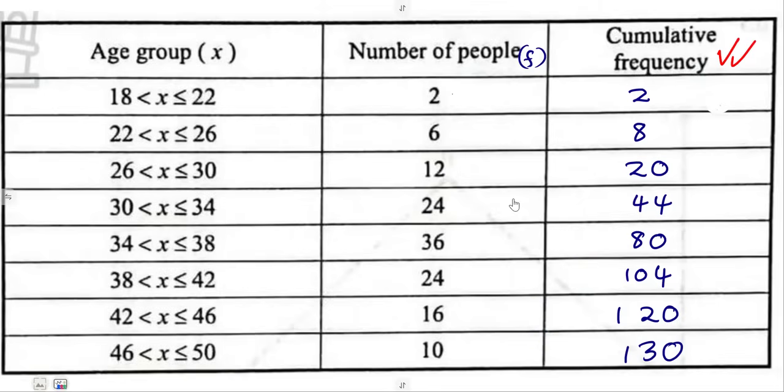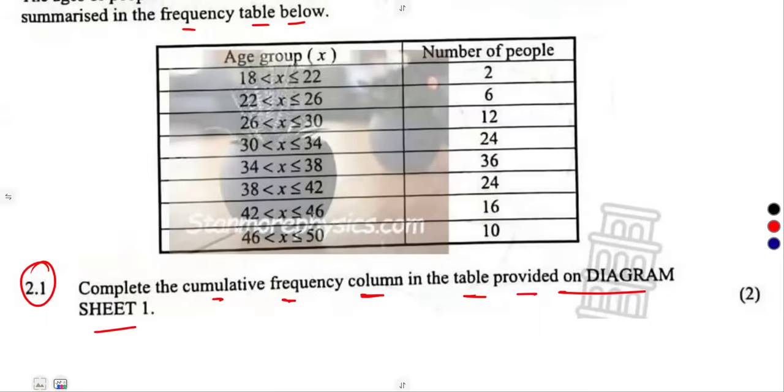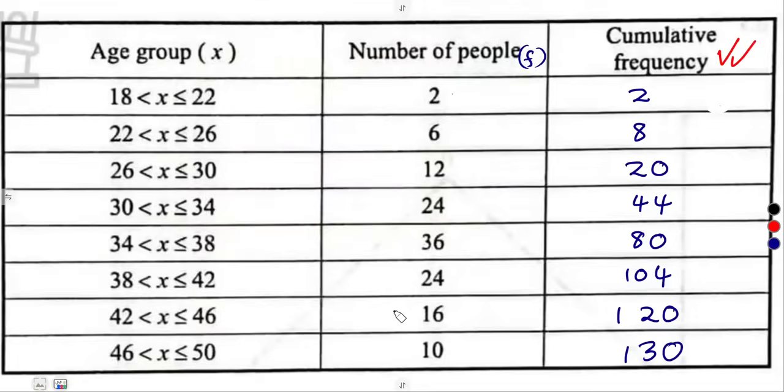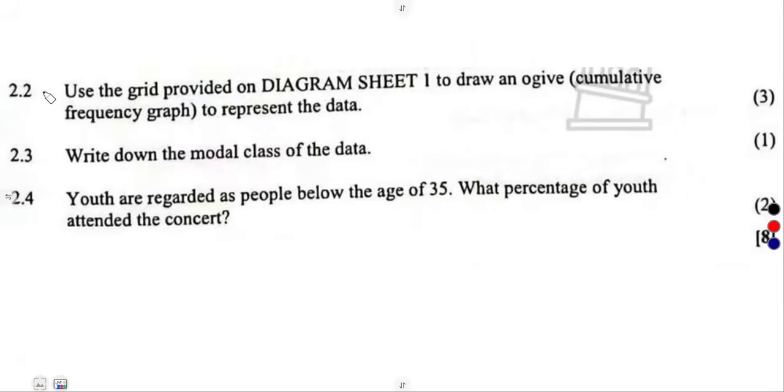So the first question was to complete that table as we are given. Then after completing the table, on question 2.2, use the grid provided in the diagram sheet 1 to draw an ogive, the cumulative frequency curve, the cumulative frequency graph, to represent the given data.